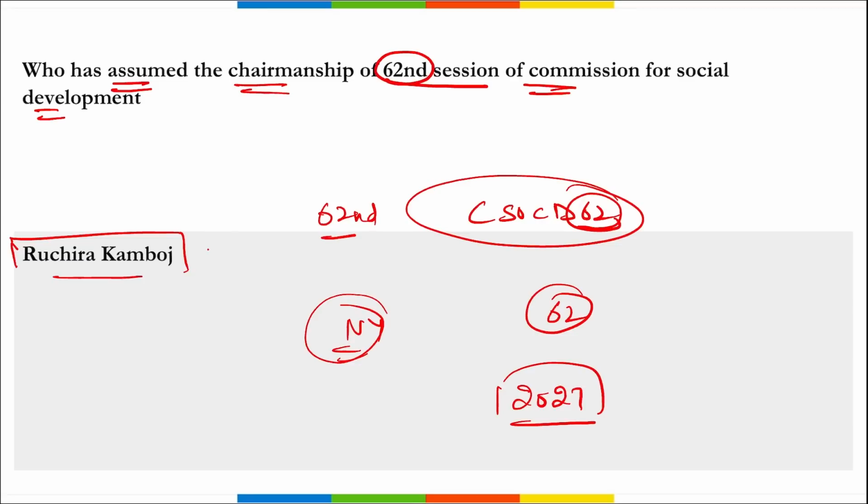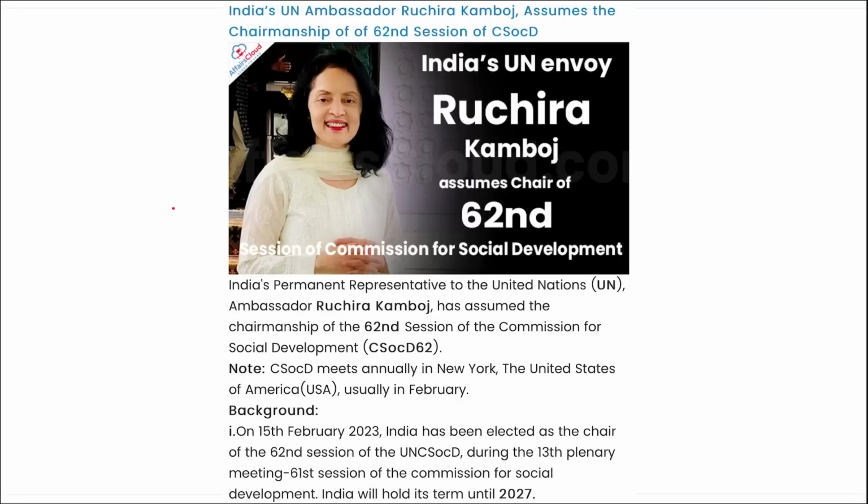Two questions are there, the most important ones. Who assumed the chairmanship? Here she is Ruchira Kamboj. And apart from this, remember India will have the chairmanship of this till which year? Till 2027. India will be the chair of this Commission for Social Development. Right? Next, here you can see she is Ruchira Kamboj.